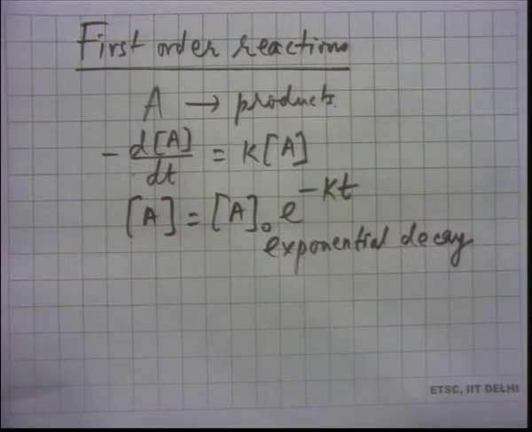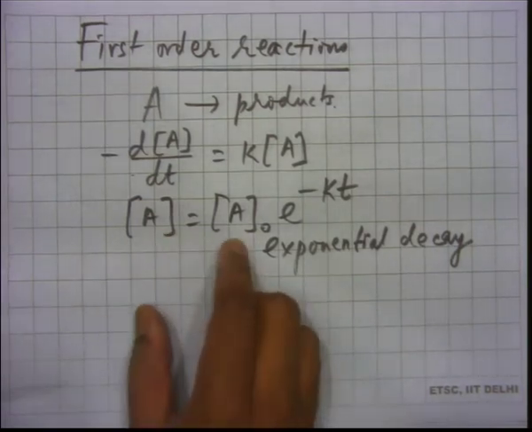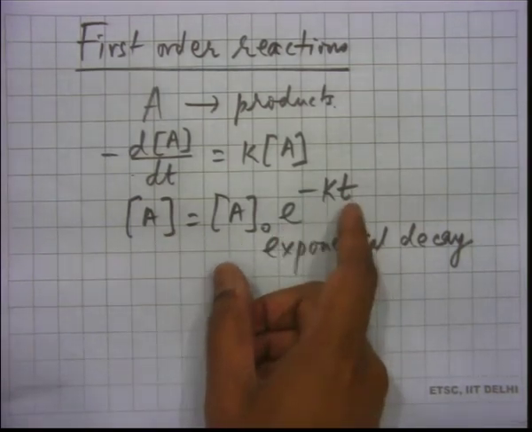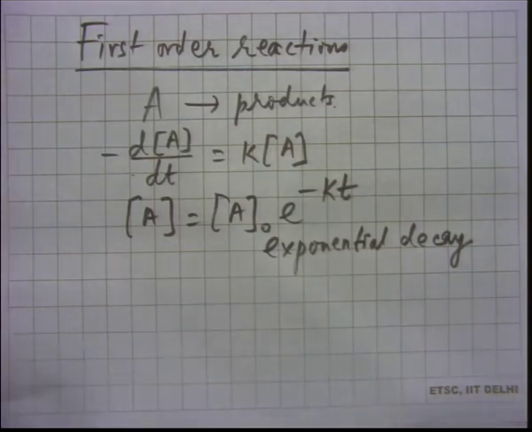There is something else also which you can think of, not immediately maybe, but this gives us a clue for future discussion. Let us say here A equal to A naught into exponential minus kT. This tells you that we can probably define a reaction time scale, in the sense that if A becomes a certain percentage of A naught, then we will evaluate the time at which that happens. A becomes 50% of A naught or 60% or 63%, whatever.